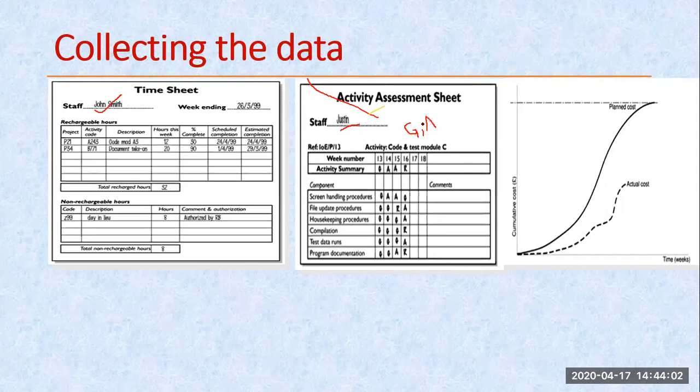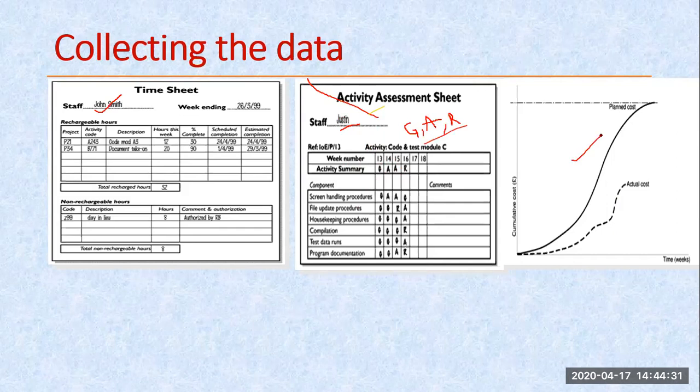Amber means these are tasks which are not performed on time, but there is a possibility to retrieve that task, which can be converted into green or another color. The third color is red. Red are those tasks which cannot be recovered. So these are the three color codings. This is the assessment of that employee, whether they are able to do the task on time or not. That is the meaning of this.